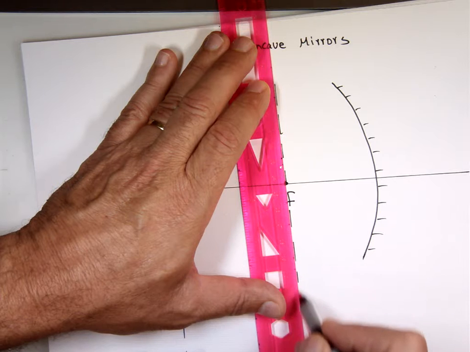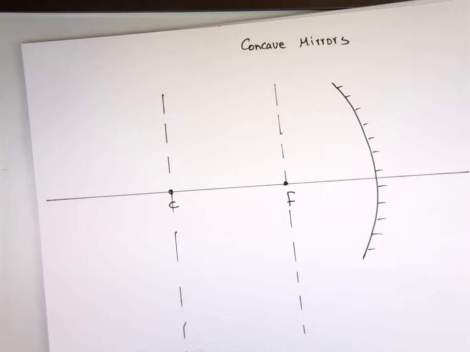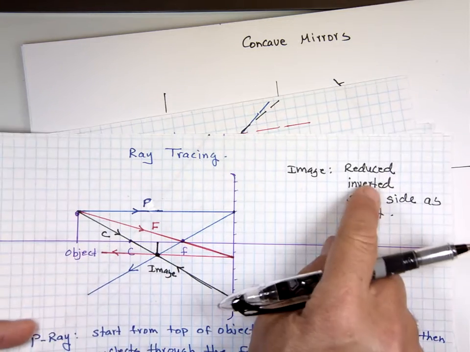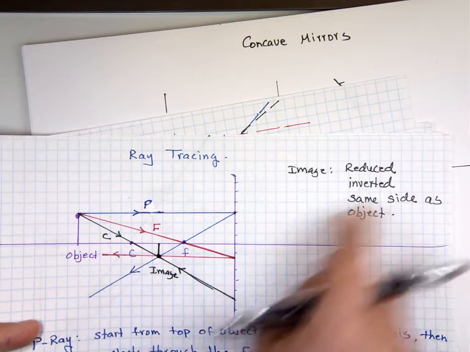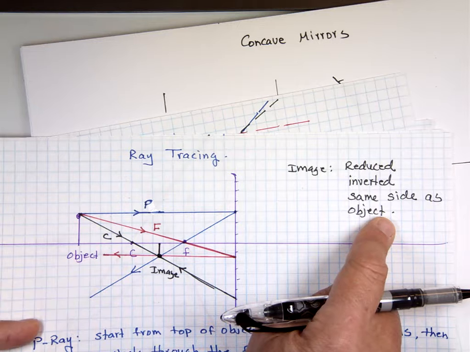If the object is to the left of C, let's go back here to my picture. If the object is to the left of C, where was that? That was here. The object was to the left of C. What do we notice? The image is what? Shrunk, can you see that? Reduced, inverted, the same side as the object. Same side means what? Real image.